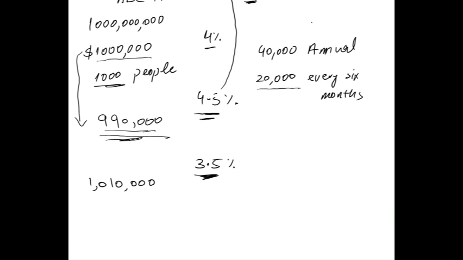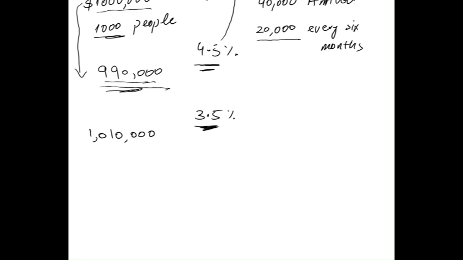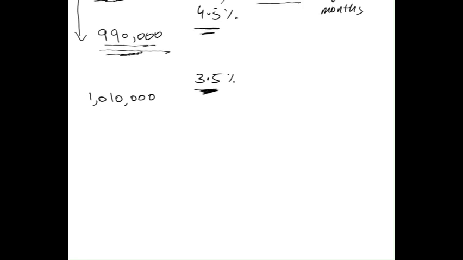Now let's do an example of a discount bond first and then a premium bond, and what do we need to do accounting wise.